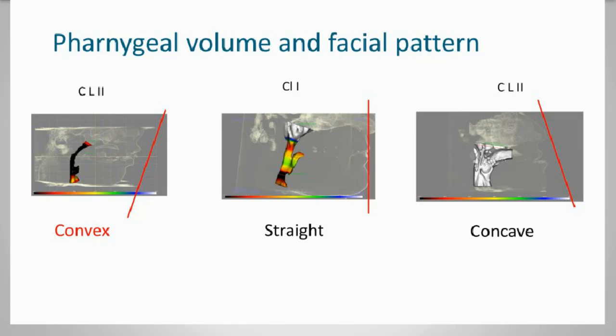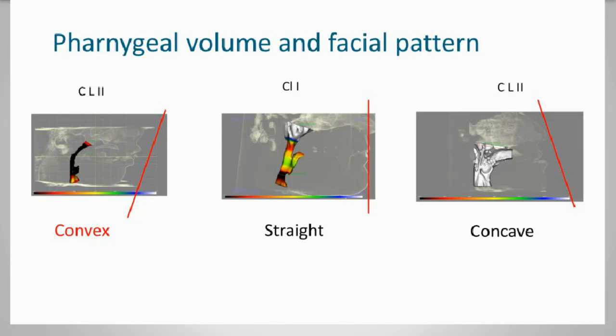And probably not surprisingly, the class 3 patients with the strongest mandible, concave profiles, had the best airways. So we can start looking at faces, we can start looking at occlusions, and start in our mind thinking about the airway on these patients.